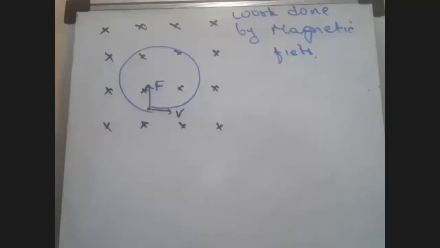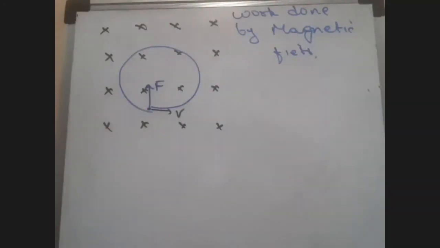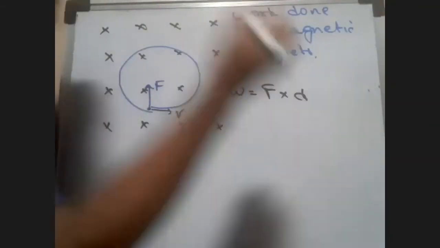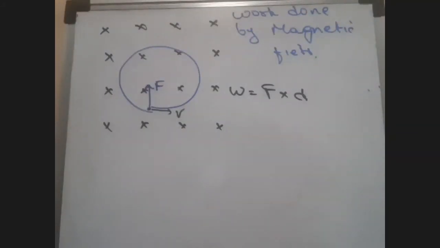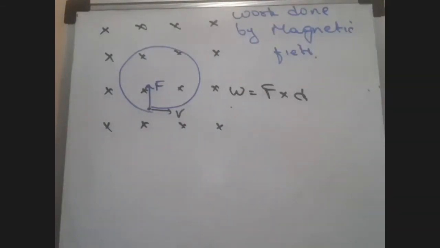Work done by the magnetic field on a charge in a uniform magnetic field. Students, what is the basic formula for work done? Work is equal to force into displacement. Here, displacement can be taken in terms of the radius.